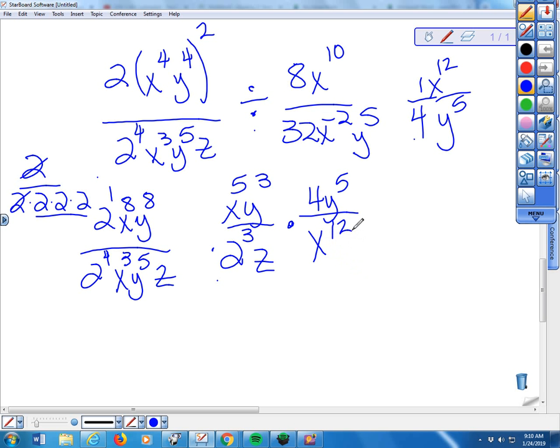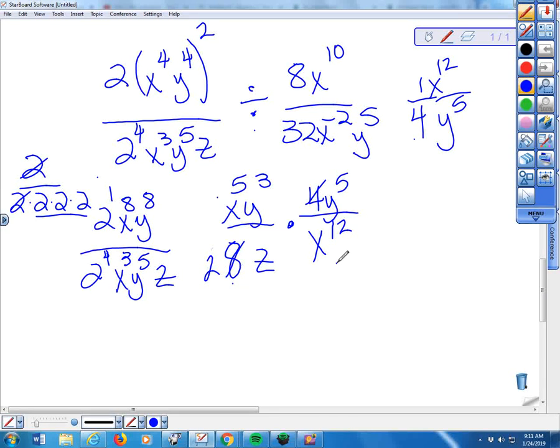Okay? So this 4 and this 2 to the 3rd, what's 2 to the 3rd? No. 8. So this is really 8. 4 and 8 is 1/2, right? So this goes away and this becomes 2. Now I have x to the 5th here and x to the 12th here.